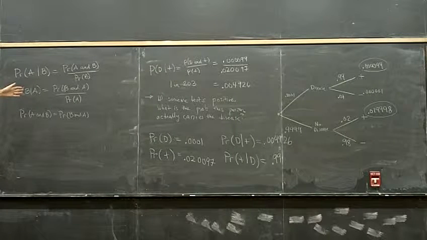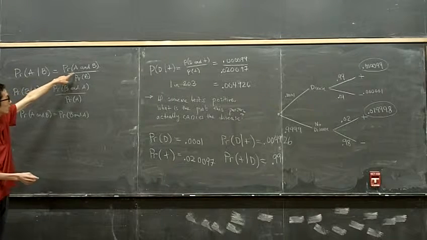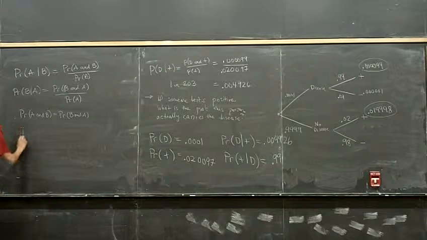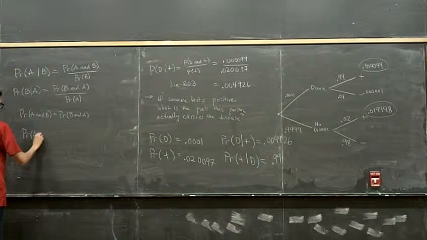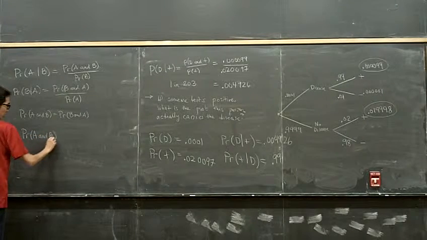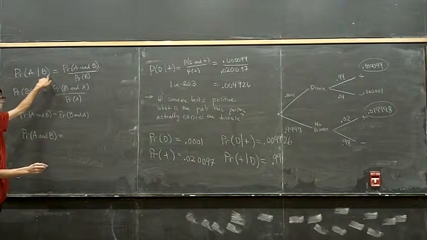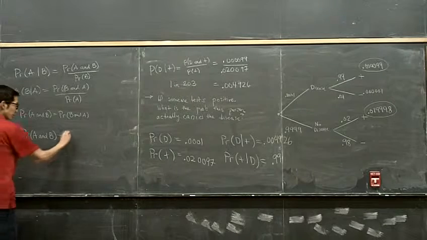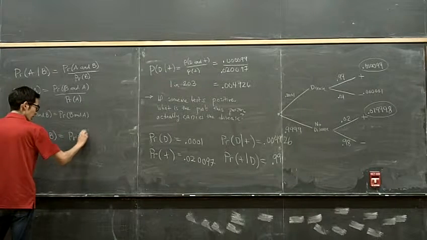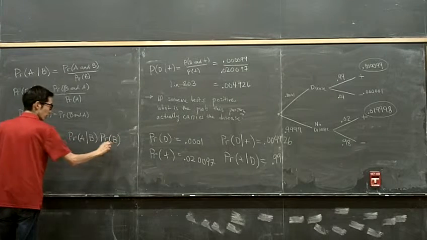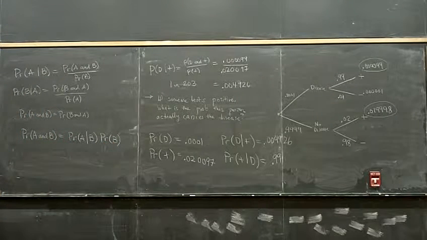So if this is always true, I can get another equation for the probability of A and B. I multiply both sides of this equation by the probability of B, and I get the probability of A and B is equal to the probability of A given B times the probability of B.